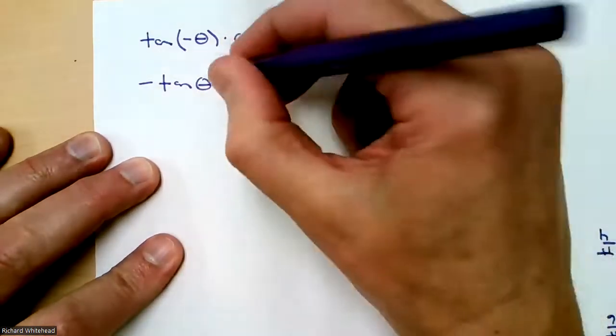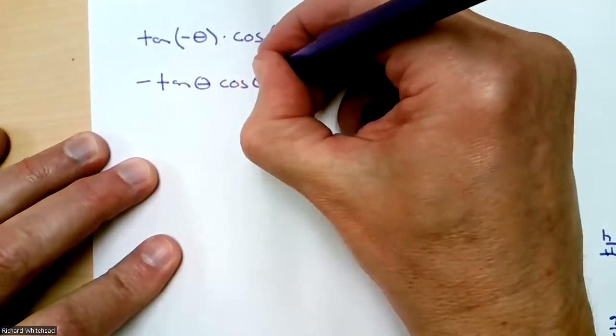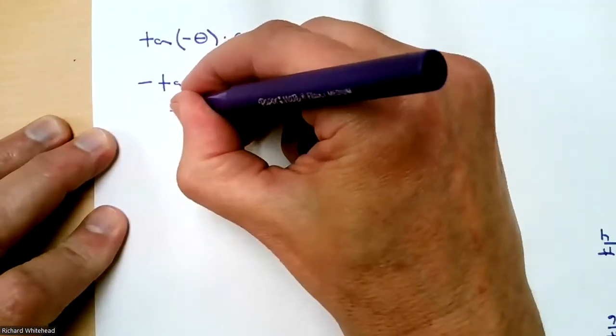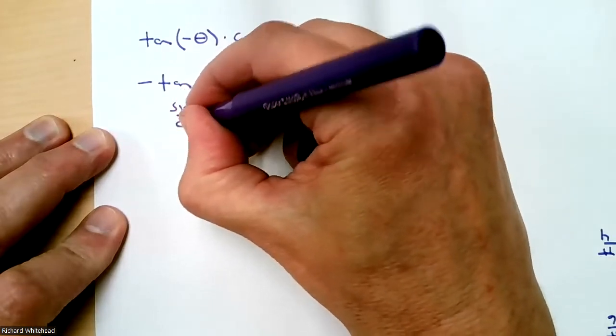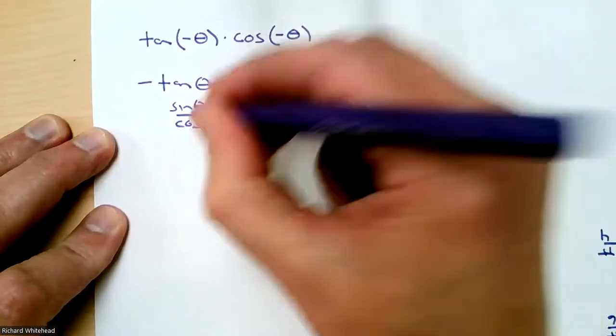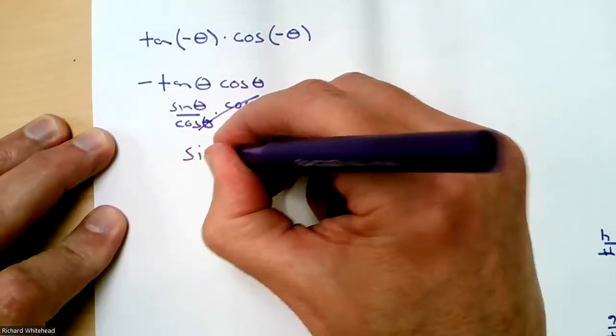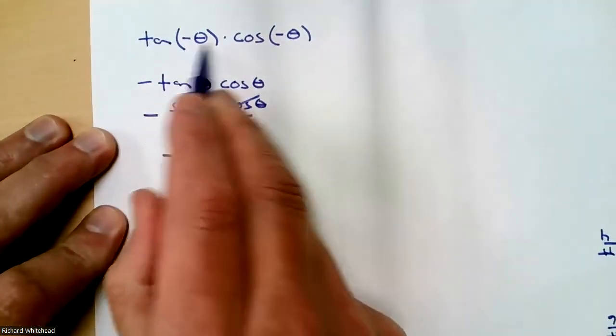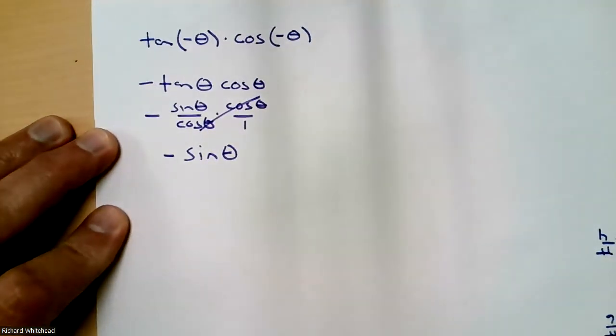Cosine is even, so we can just drop that negative. And now it's just tangent times cosine, which we did in the previous introductory video. So that just makes sine, but it's got the negative out front, because we threw in those negatives to see if you were paying attention.